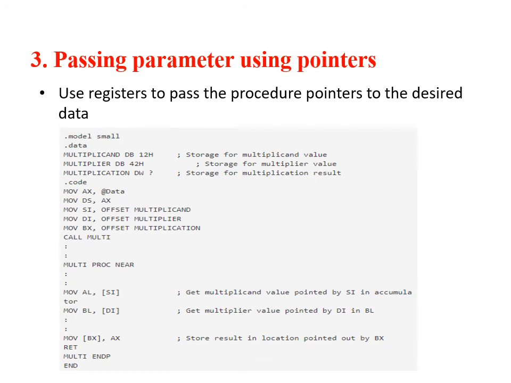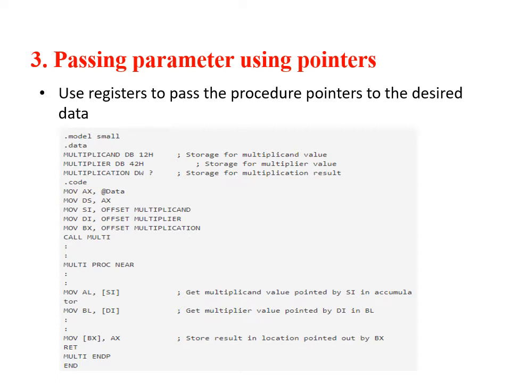The third method: we are passing the parameters using pointers. You know the concept of pointers. Pointers are nothing but variables which hold an address. Here we are saving the offset addresses of the memory variables multiplicand and multiplier into the SI and DI registers respectively.